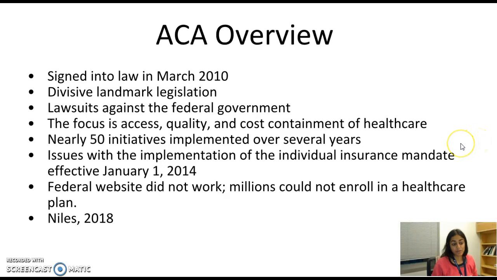The federal website also did not work initially, so millions could not enroll in a healthcare plan. So there were some blips in it, but I think altogether the ACA did a lot more good than harm. And we'll see that in the provisions on the next slide.